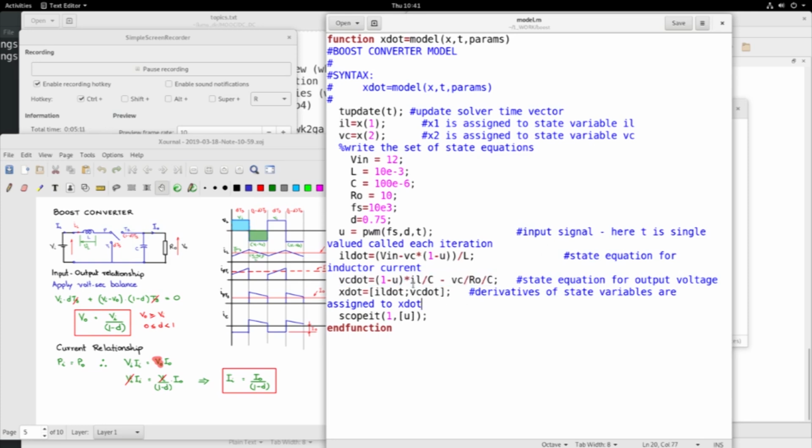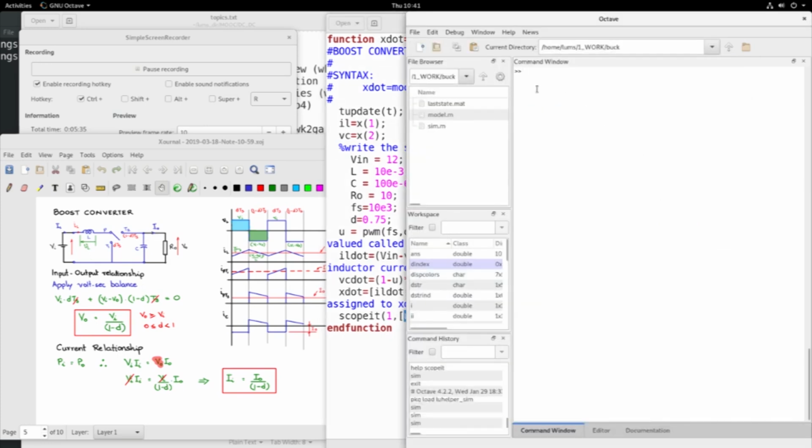All else being the same, with a similar methodology, you can execute the boost converter and check the various waveforms. Here again I am seeing the U, that is the switching signal for the switch, and the state values IL and VC. Let me go into the boost folder.